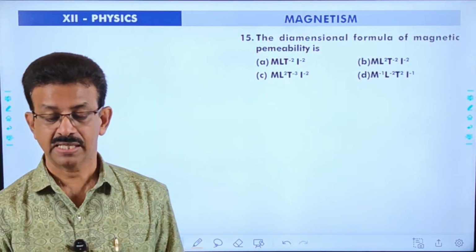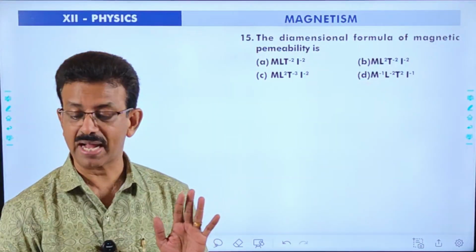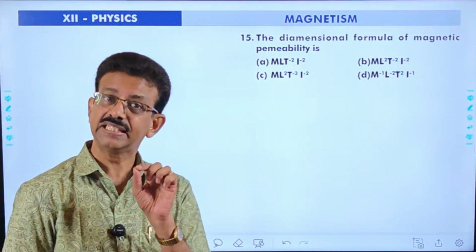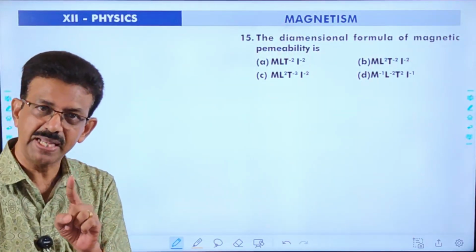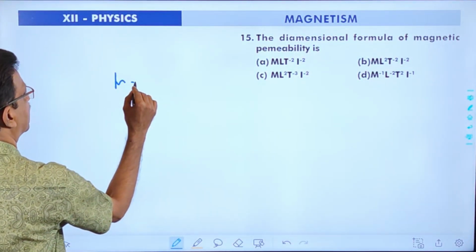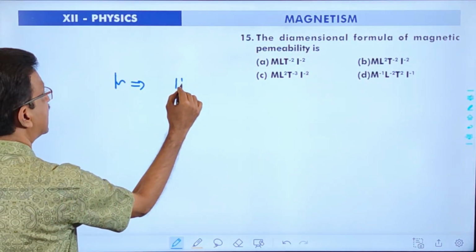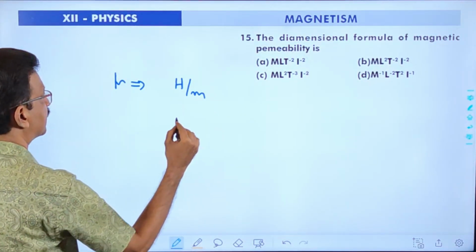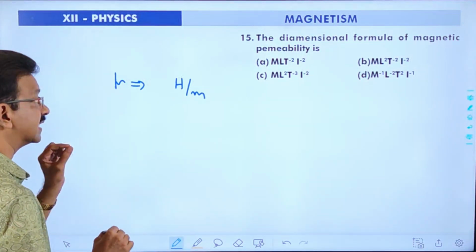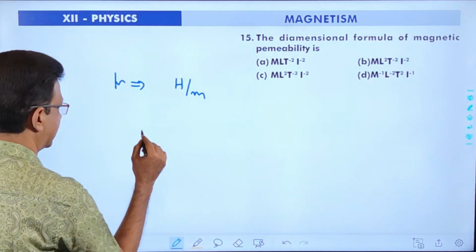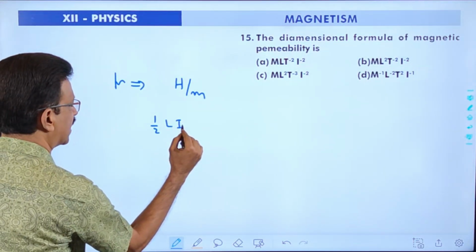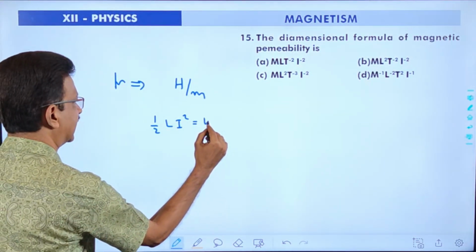Question number 15. Dimensional formula of magnetic permeability. First of all, the SI unit of magnetic permeability is Henry per meter. And Henry is the unit of inductance, self-inductance or magnetic inductance. Half L i square equals energy.